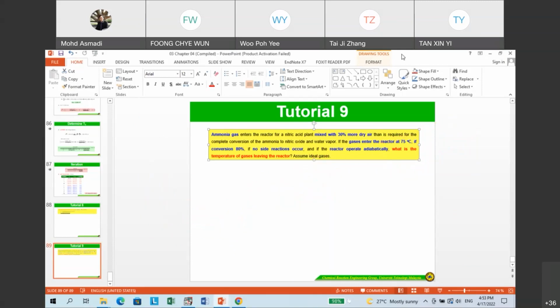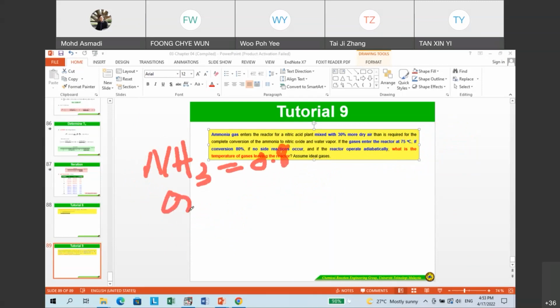Next, you have to calculate delta HP. How to calculate delta HP? You have to determine the number of moles. Leaving NH3 is what is left, because reacting is only 80%, so leaving is 0.8: 4 minus 3.2, 0.8 leaving.